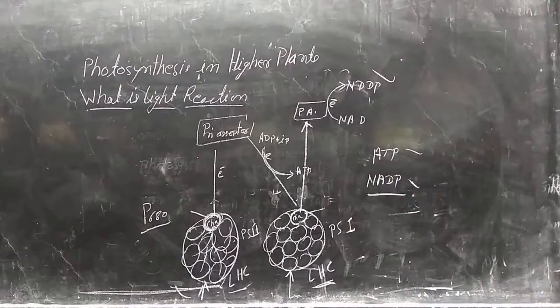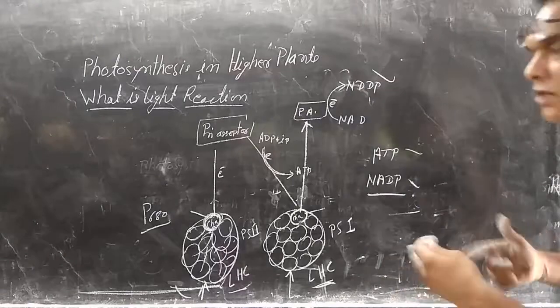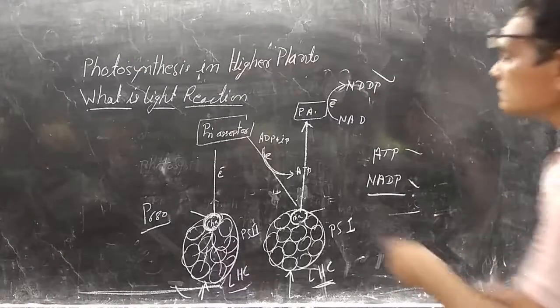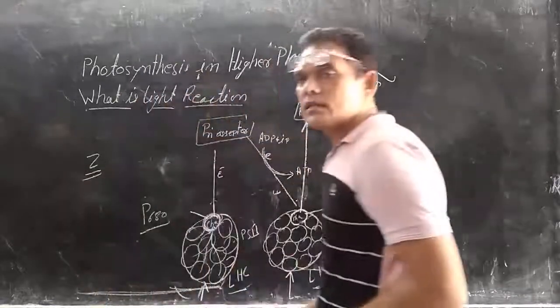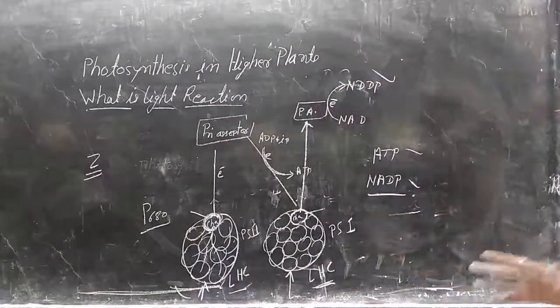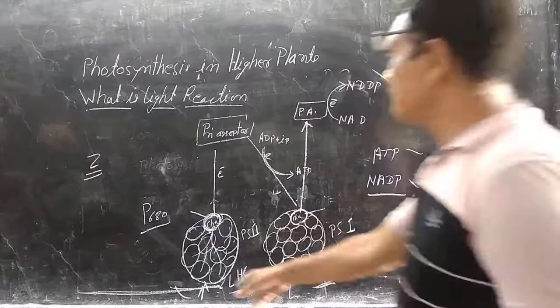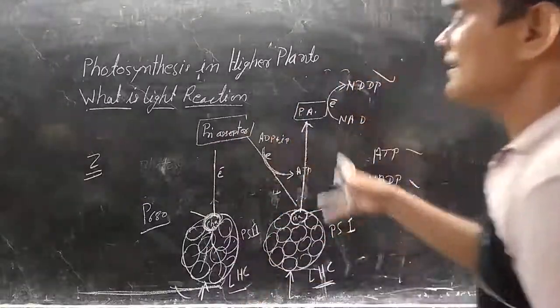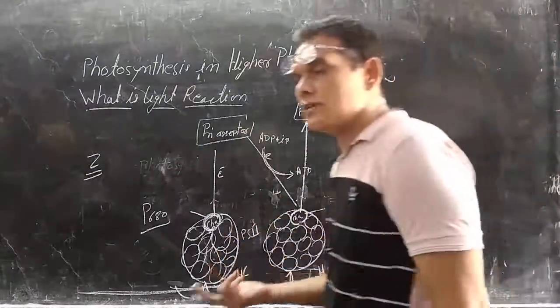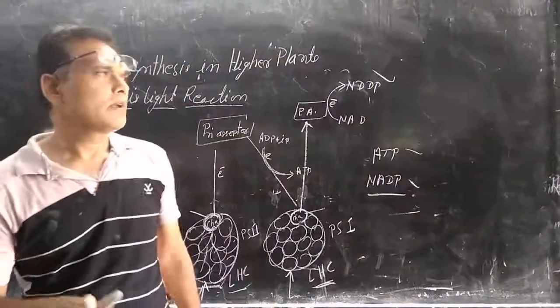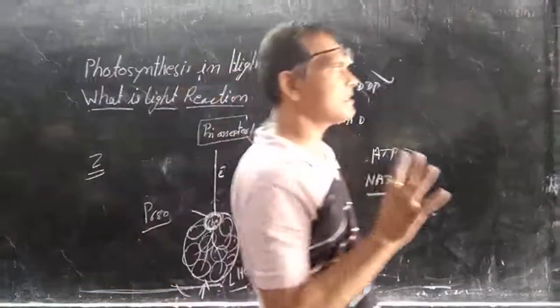This is the light reaction, or electron transport system. This is also known as the Z scheme, because the electron is transferred in a Z pathway. So these are the light reactions. Light reaction contains two photosystems, photosystem first and photosystem second.